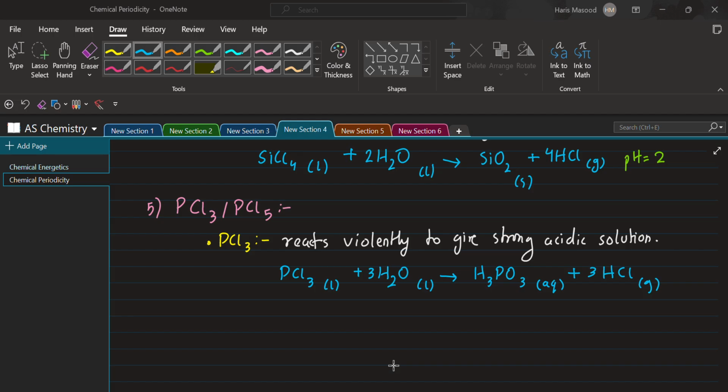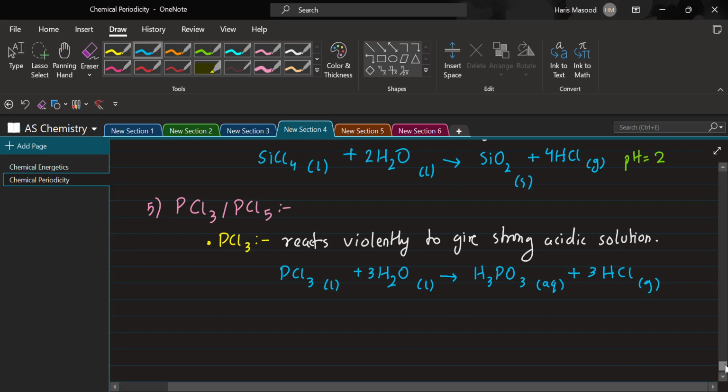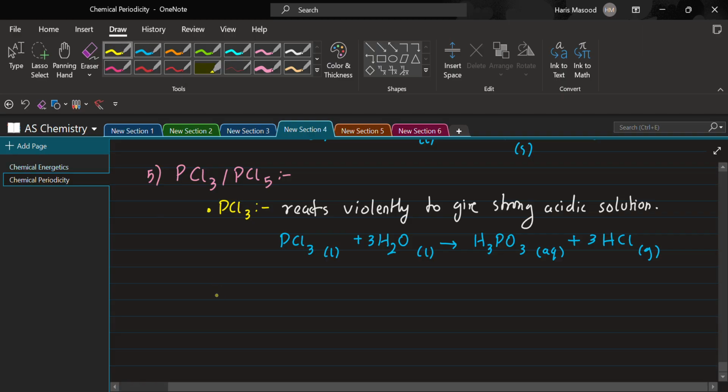And for phosphorus PCl5, that was phosphorus 5 chloride, it is an off-white solid, but it sublimes at 163 degrees Celsius to give PCl3 and Cl2.